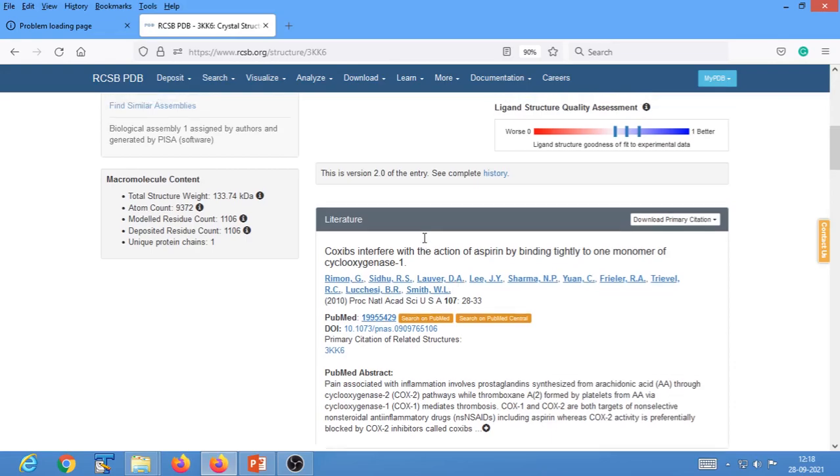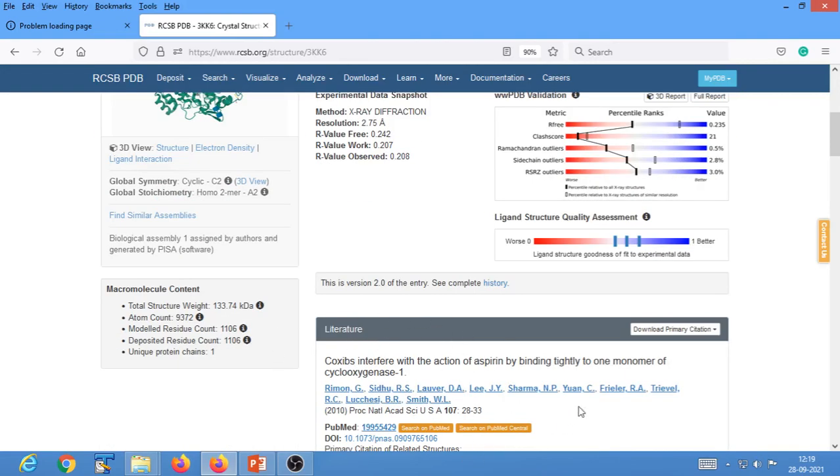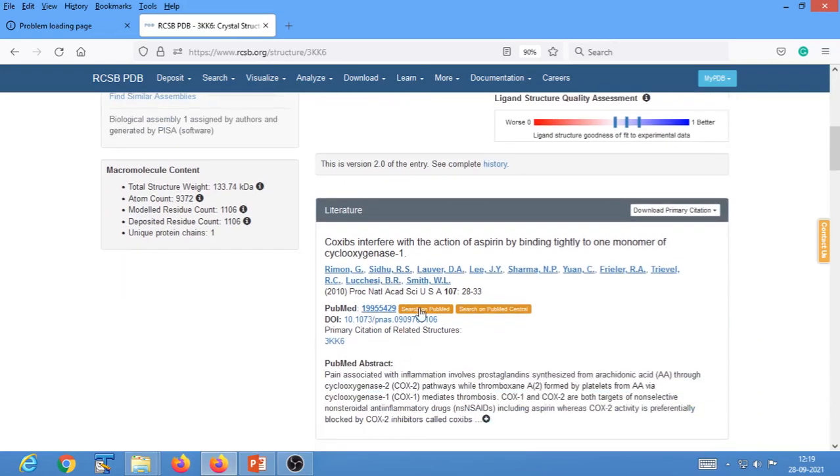The link of the paper associated with each and every model is usually provided over here. If you click on this PubMed link, it will carry you to the PubMed website, and from PubMed you can download that paper.